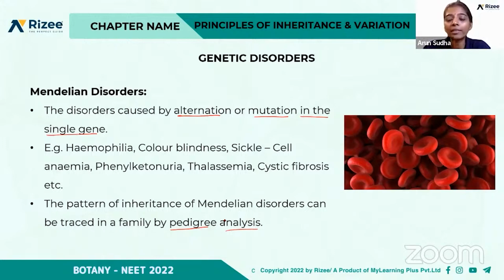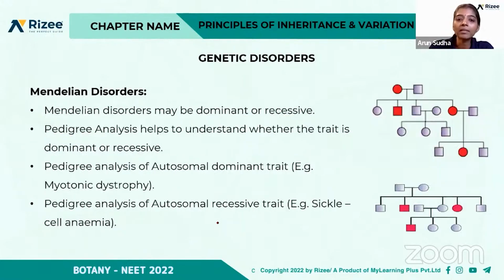For a family, we have to trace from the previous generation, from the grandfather to the father, whether they are affected by the disease, and then to the son. So that is how the disease is getting inherited, and it can be easily found out by using pedigree analysis, right?